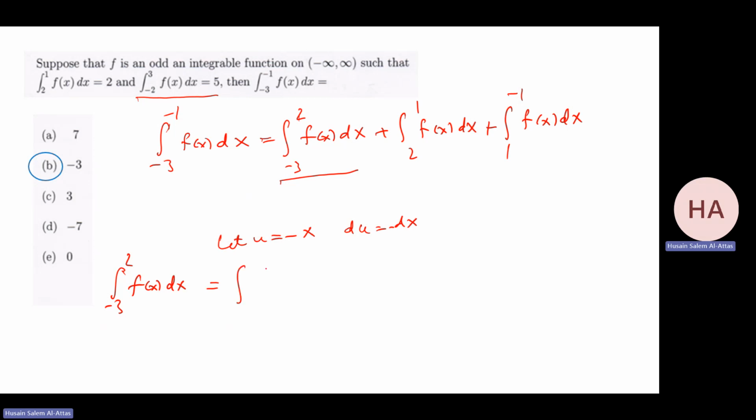So this one, u equals minus x, will be from 3 to minus 2, of f of minus x, and also I need a minus sign outside, dx.